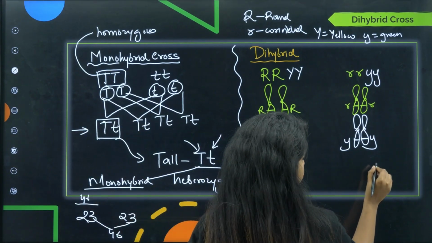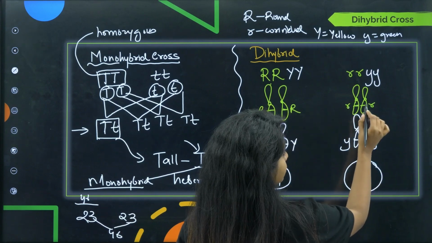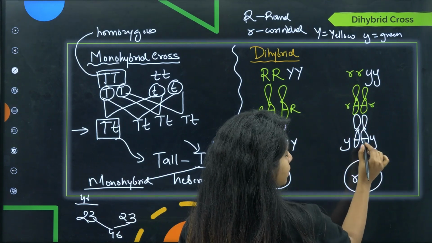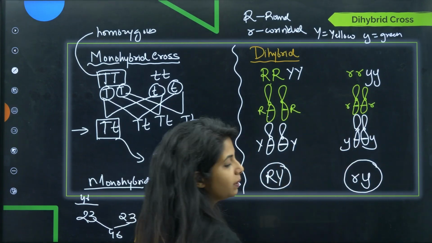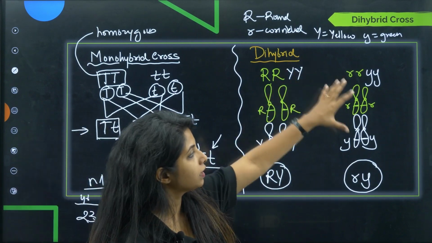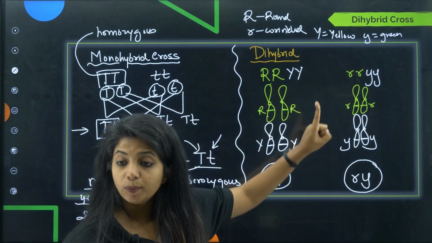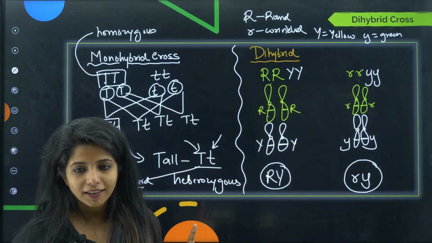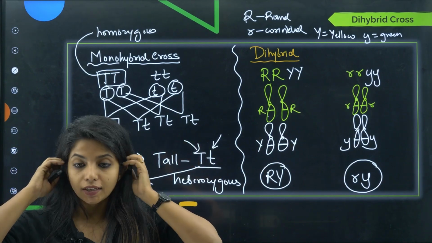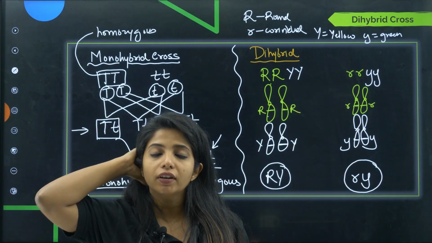Similarly over here also, if I take this or this, small r, if I take this or this, similarly it will be small y. So all the gametes that will be produced by this particular plant will be small r, small y, agree? Done. This is law of segregation, and law of segregation does not have any exceptions.